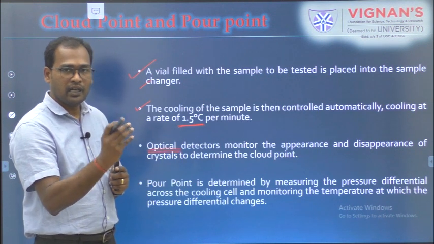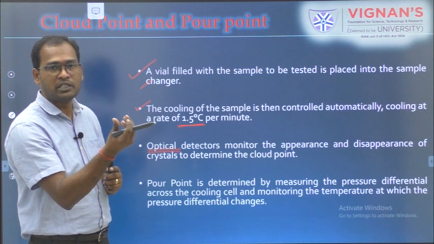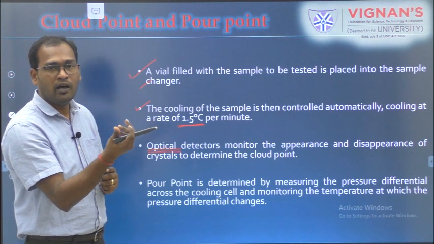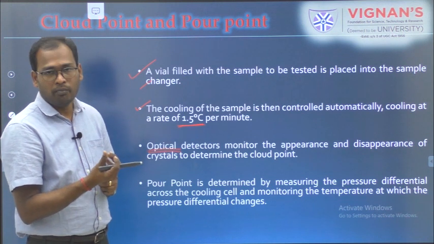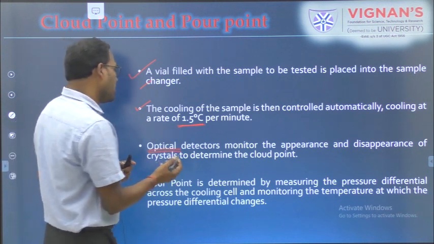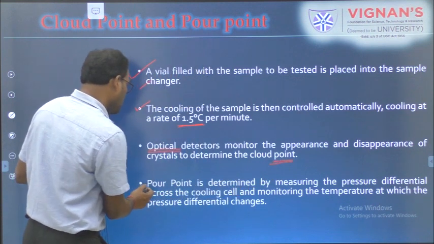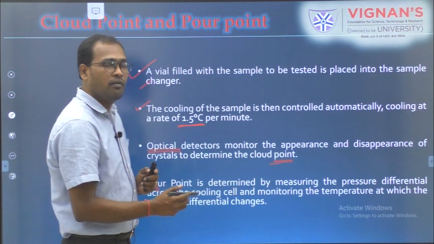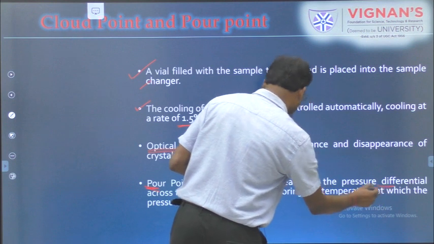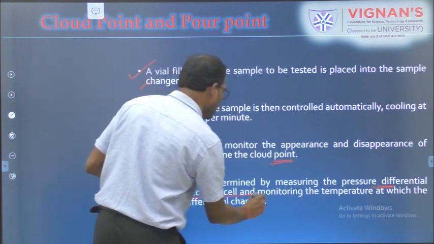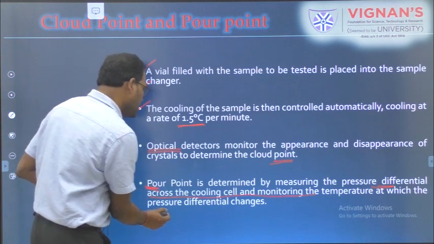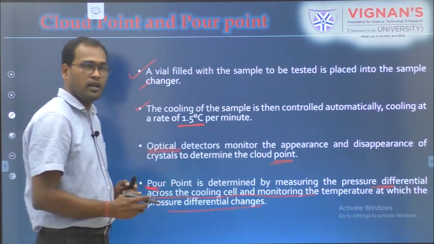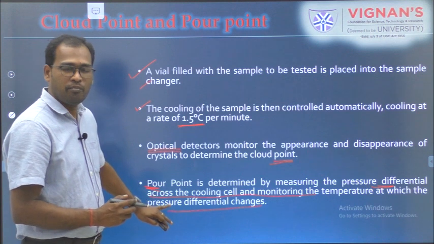So first it starts forming a precipitate, a kind of hazy material, and that will be your cloud point. Next, the pour point is determined by measuring the pressure differential across the cooling cell and by monitoring the temperature at which the pressure differential changes. So this is how pour point is measured.